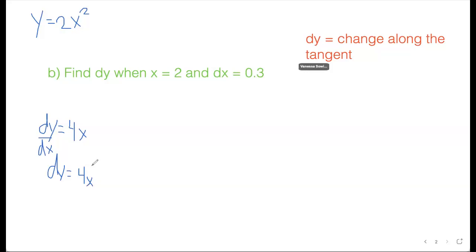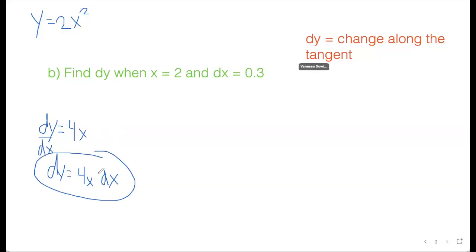I'm not too concerned about the dx; this 4x is really what we want. But keep this dx right here, because in order to find dy, this is the formula we are going to use. We need to multiply that dx over. This should look familiar because this is the integral notation.